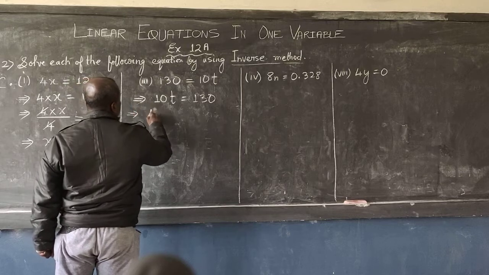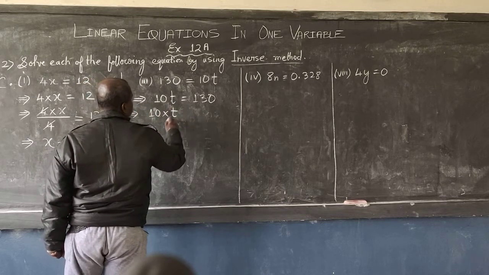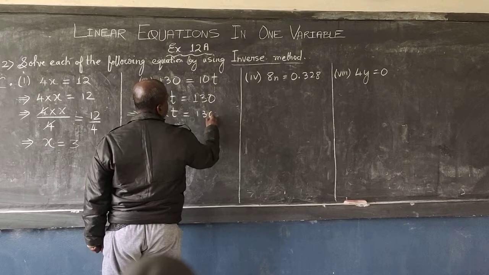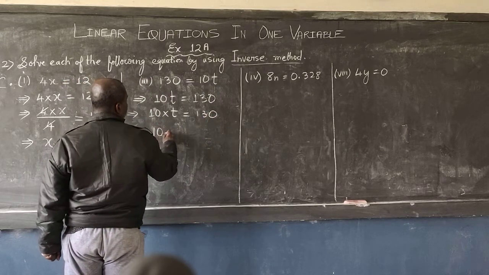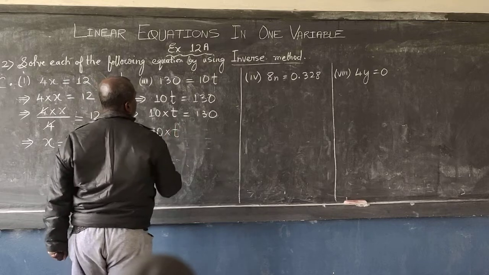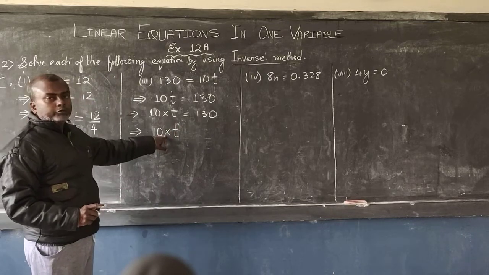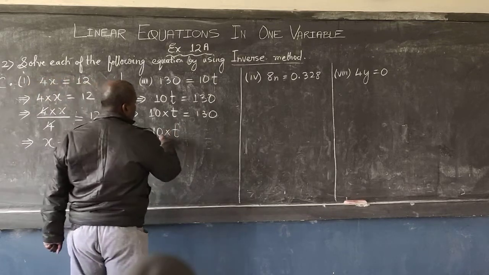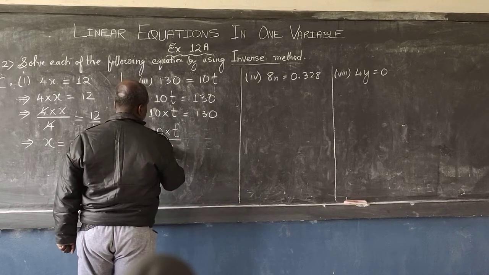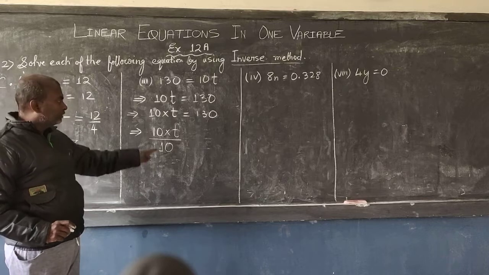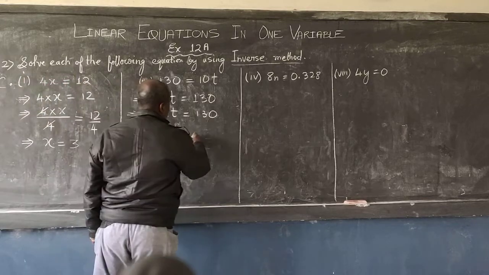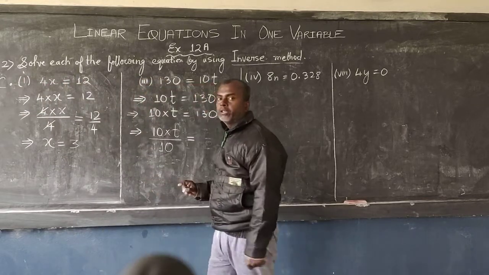Now 10t is same as writing 10 into t. To remove into t, what we do? What is opposite of into? Obviously division will be divided by 10. In that case 10 and 10 will cancel. So that's on the left side. On the right side we have to do the same thing that we have done on the left side.